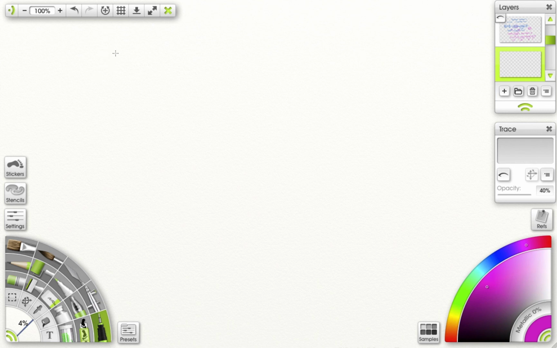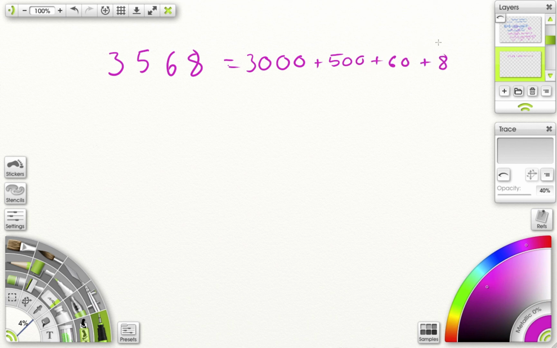So let's do the number 3,568. If I'm going to put this in expanded notation, my first digit is 3,000 plus 500 plus 60 plus 8. In expanded notation, it'd be 3 times 10 to the power of 3.